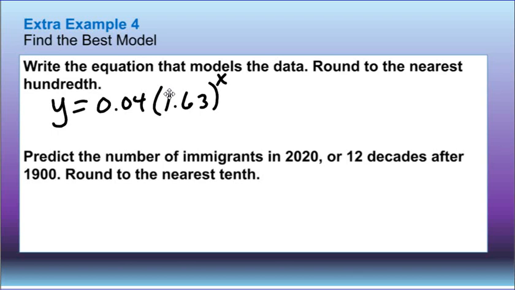So to predict the number of immigrants in 2020 or 12 decades after 1900, I would just have to put 12 in for x. So I'd have y equals 0.04 times 1.63 raised to the 12th power.